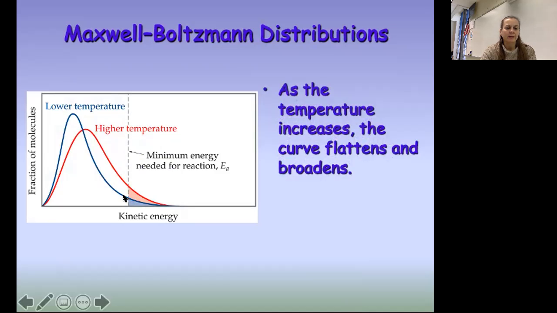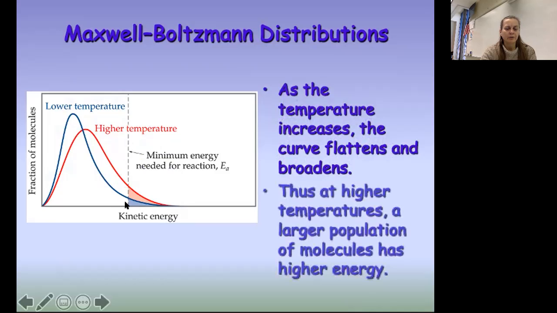If we think of this dotted line here as our activation energy, that's the minimum energy that's needed for the reaction. You can see that the fraction of molecules that have that energy at the lower temperature is much smaller than the fraction of molecules that have that energy at a higher temperature.